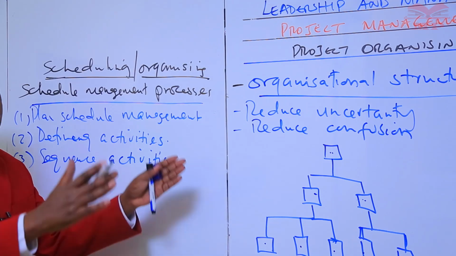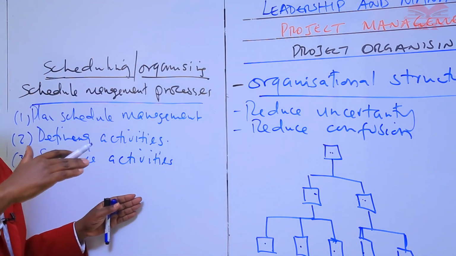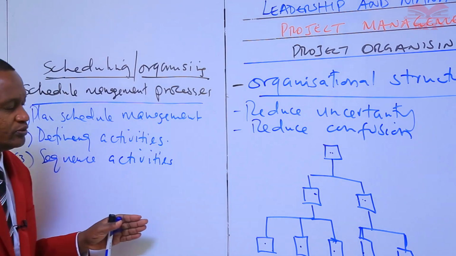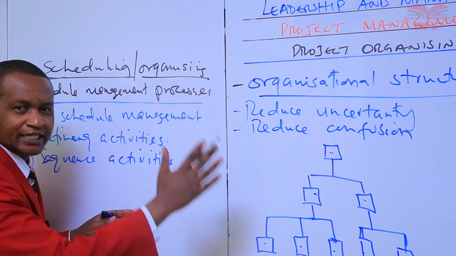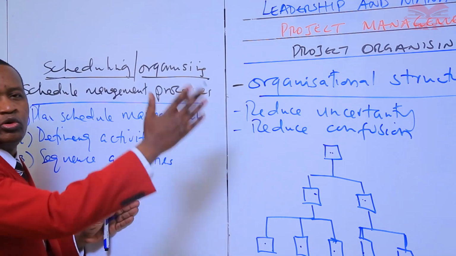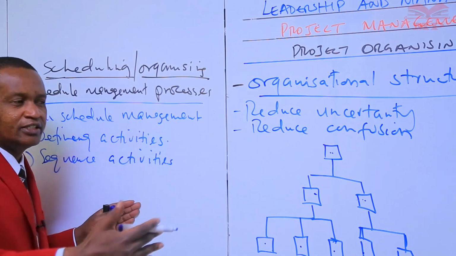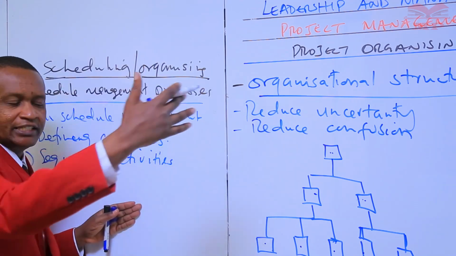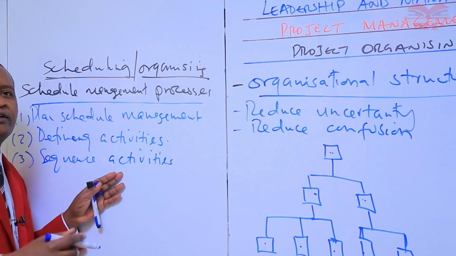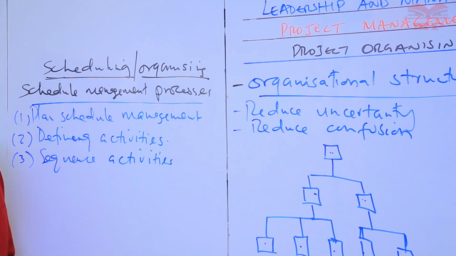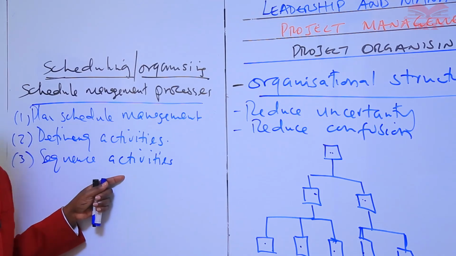There has to be sequence. You cannot do the roofing before you have done the foundation. You cannot do the plastering before you raise the walls. The wiring cannot be done before the ceiling, if it's a building. So sequencing activities is just the process of identifying and documenting the relationships among the project activities.